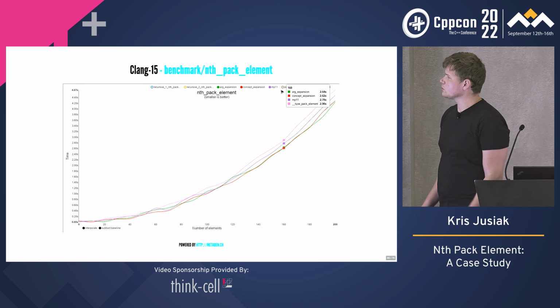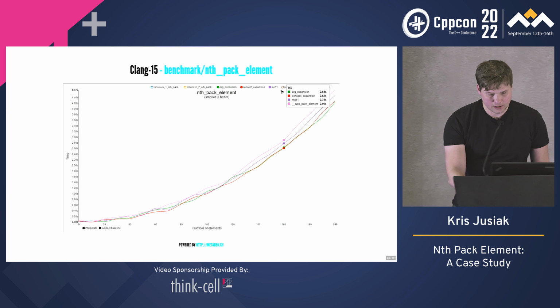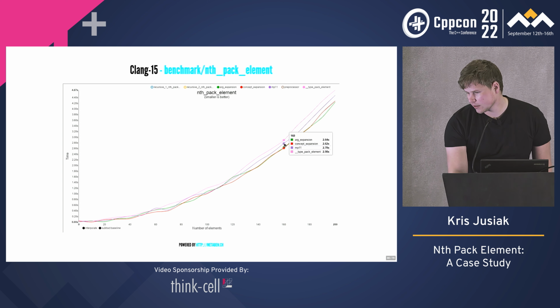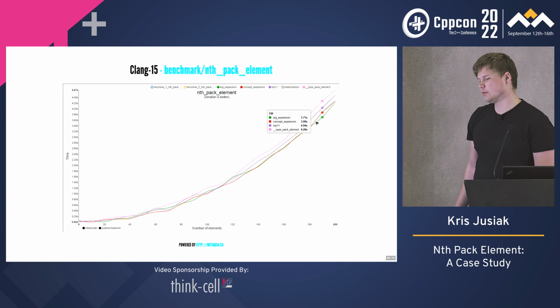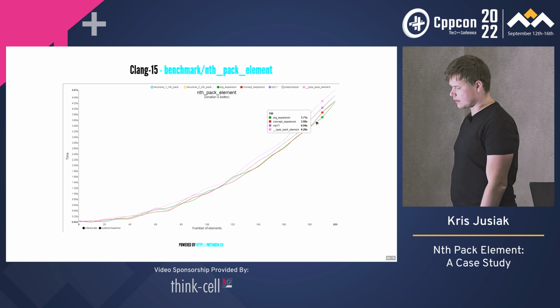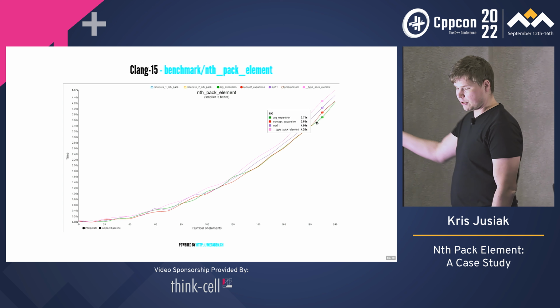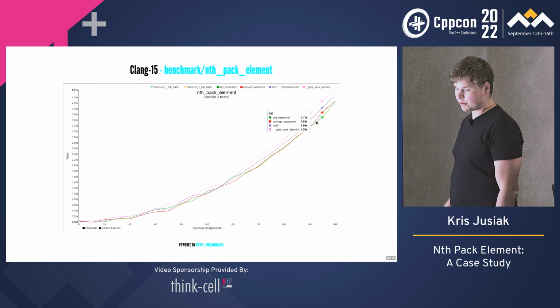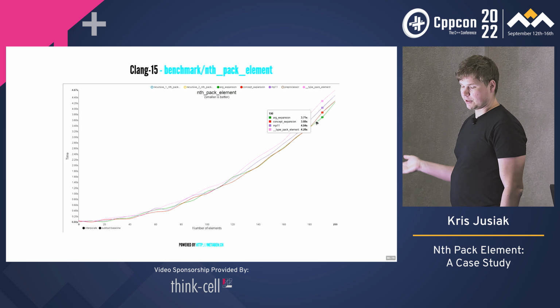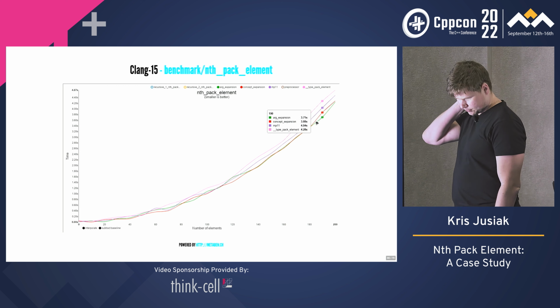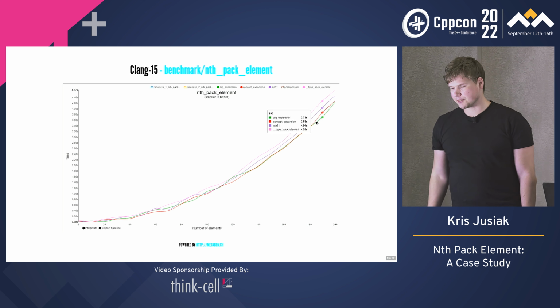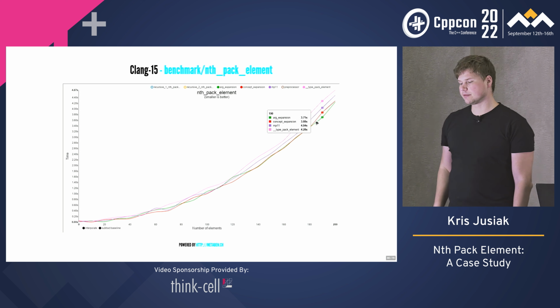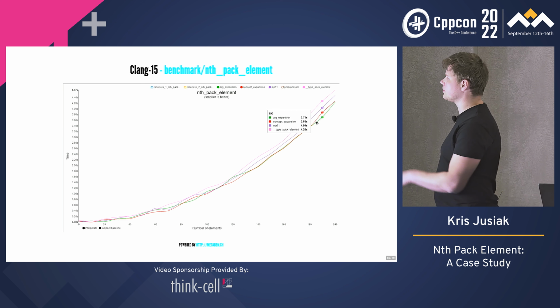we see that most of them scale quite similarly. So the fastest is, so here you see MP11, it's quite good. Type pack element is quite good, but the winner is arg expansion or concept expansion, depending on how many elements we have.